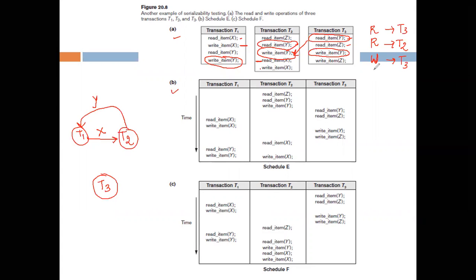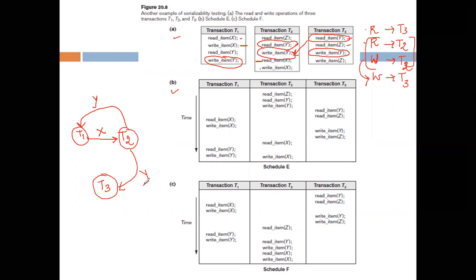Then we have one more write operation, this is T2, and then T3. So if you observe, read followed by a read, and these two are in the same transaction, and write after write, transaction 2 write and transaction 3 write. So from 2 to 3 there should be an edge for variable y.